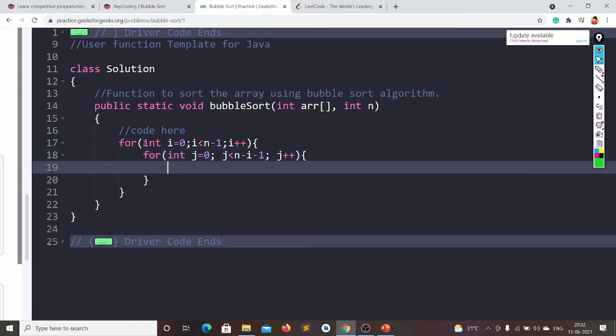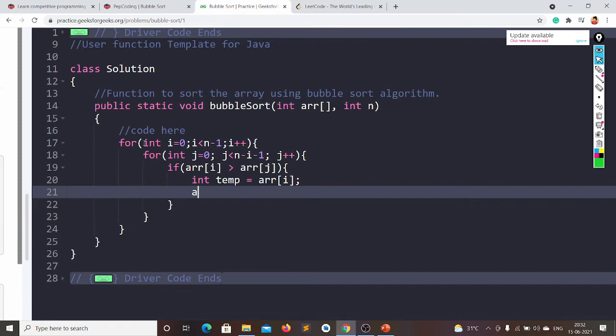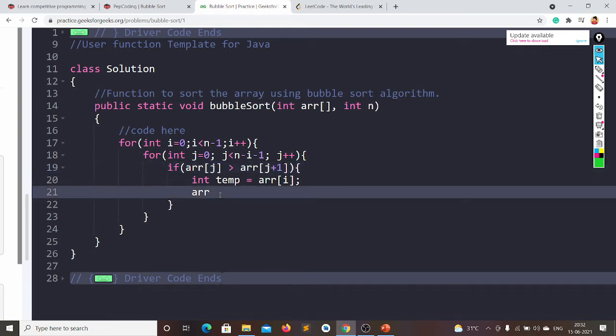Now what I have to do: swapping is required only when, if we take two elements, for example if array of i is greater than array of j, then only we require swapping here. Like temp is equal to array of... Oh sorry, I wrote something wrong here, because I am comparing only j with j plus 1. So array of j greater than array of j plus 1.